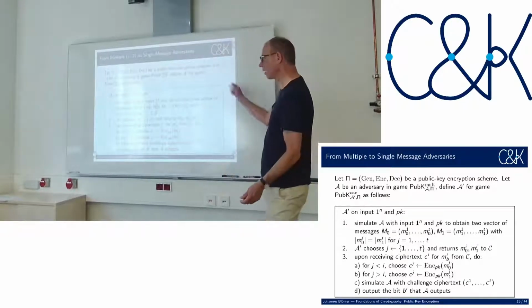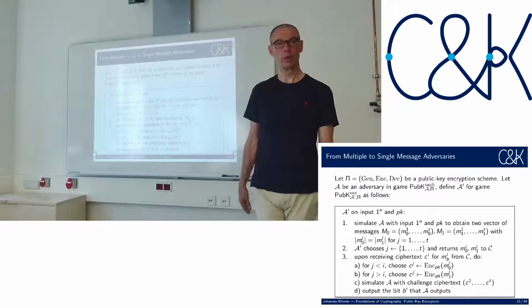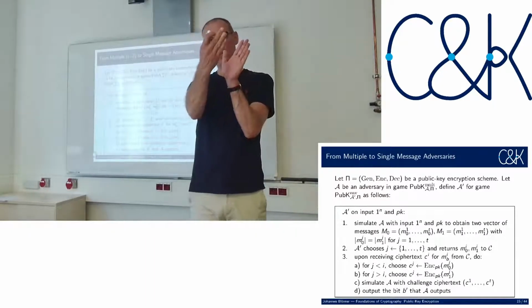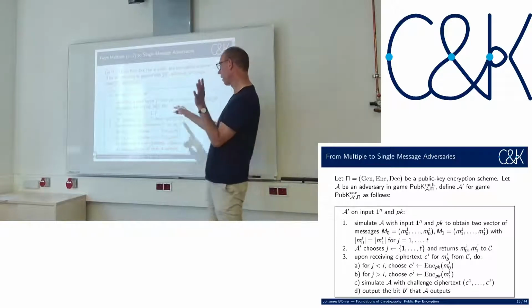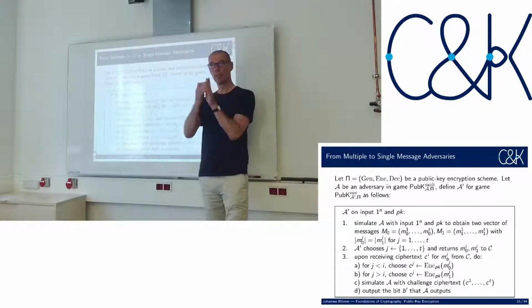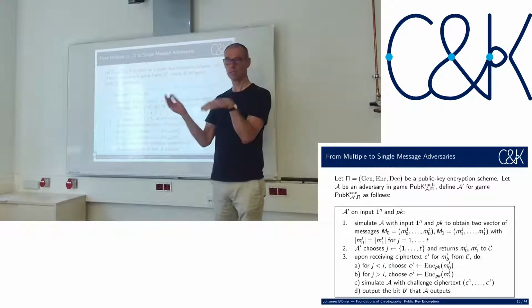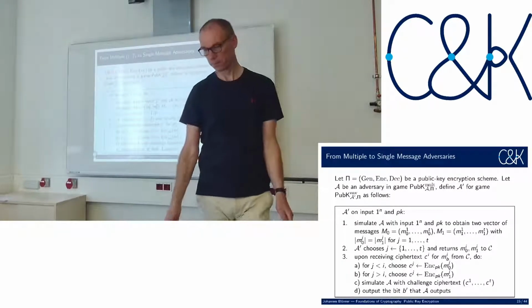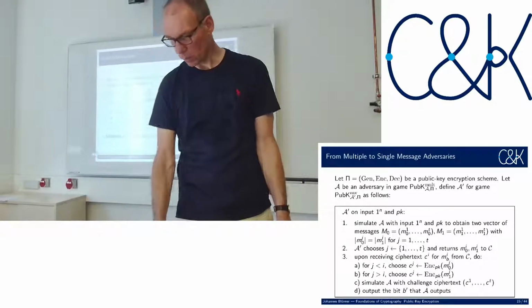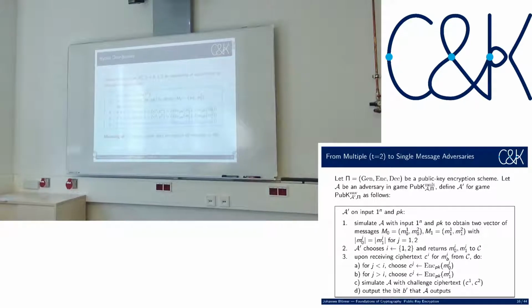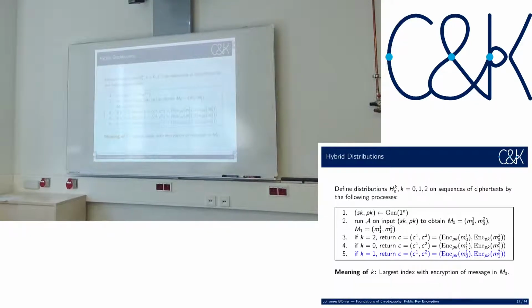What you get is always a prefix where you encrypt the messages from M0 and a suffix where you encrypt the messages from M1. That's a mixture. It's a hybrid. So what we do is we define the hybrid distributions on ciphertexts.